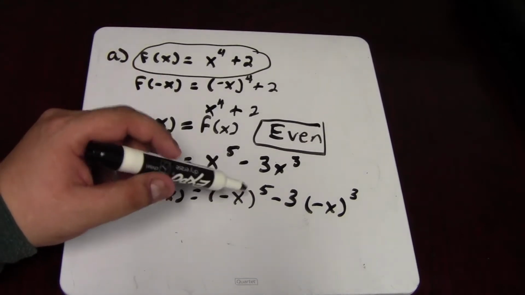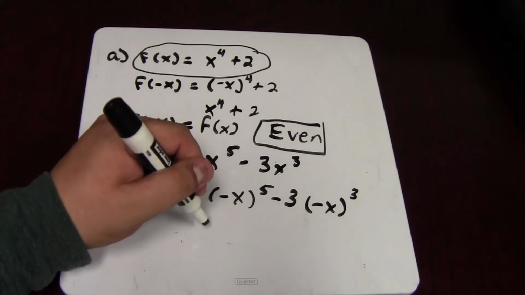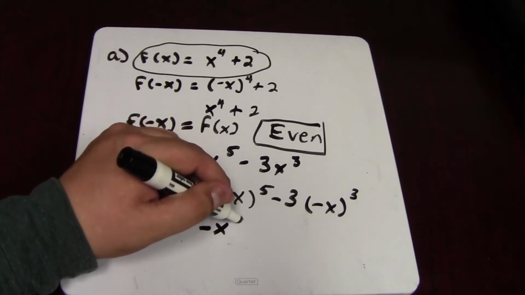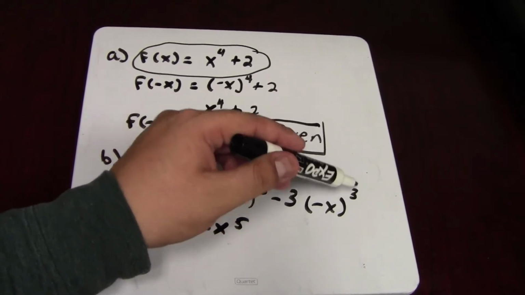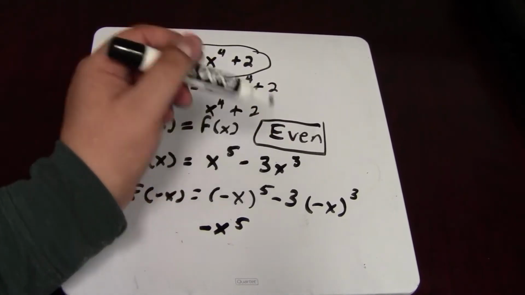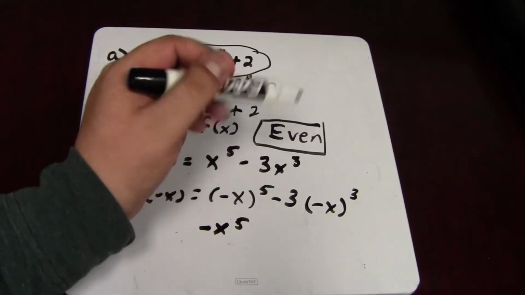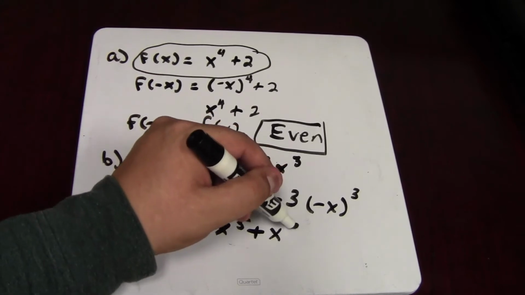Now we have a negative x to the fifth. Since this is odd, we're going to keep this negative sign. So this is going to be negative x to the fifth. And the same applies here. We're going to keep this negative sign because that's an odd exponent as well. But remember, there was already a negative sign there. So a negative with another negative is going to give us positive x cubed.